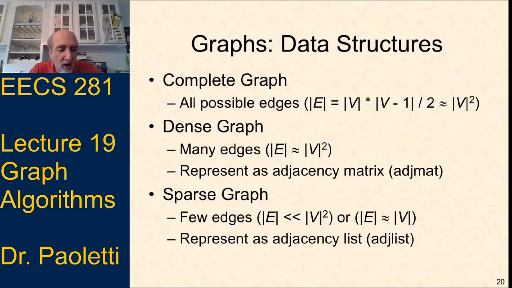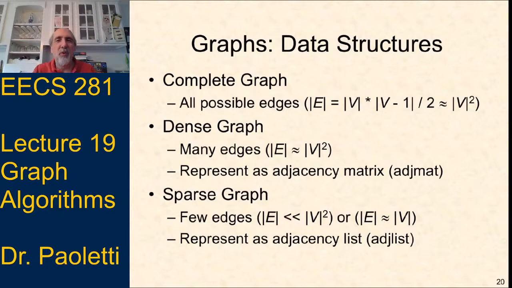Now, very often, you're going to see that we leave the vertical bars off. So if you see things like E times V or V squared, it generally means V is being used to represent the number of vertices rather than the set of all vertices.